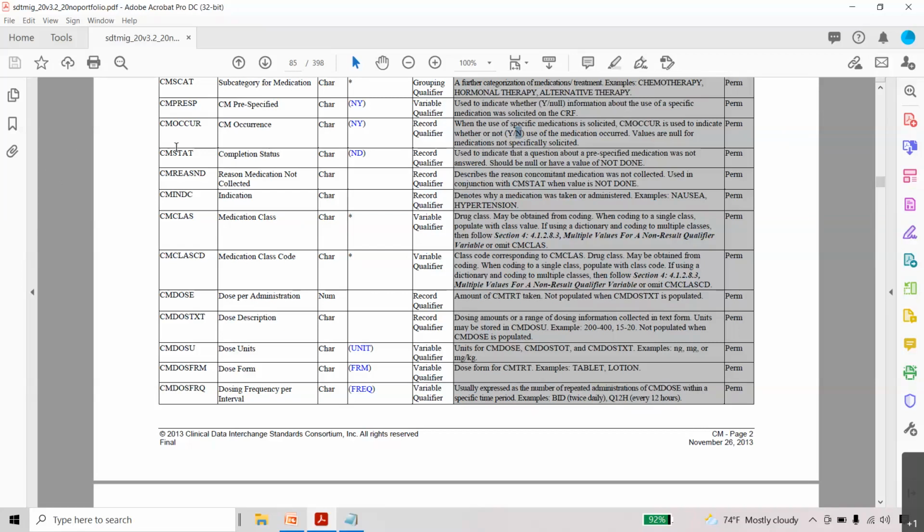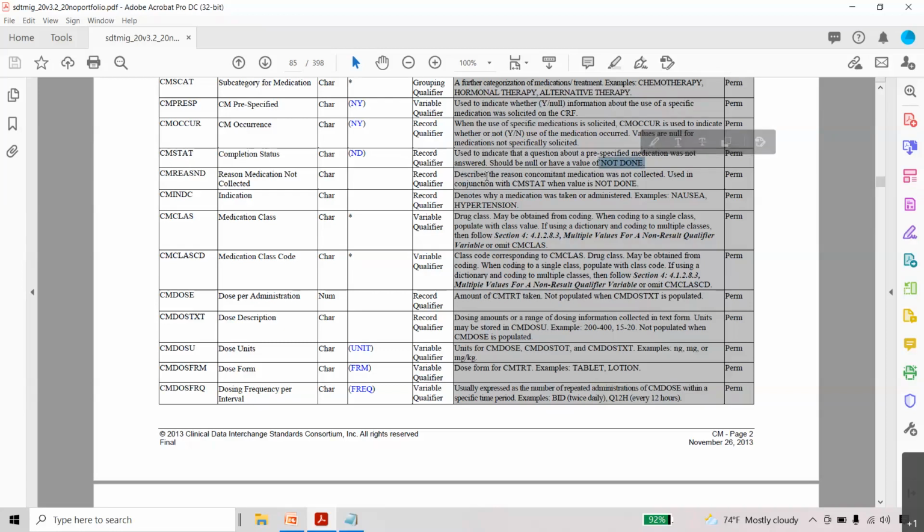So next variable is CM status. When CM pre-specified is yes, but there is a missing value in CMOCCUR, then the status should be not done. This variable helps to understand why the subject has not taken it.